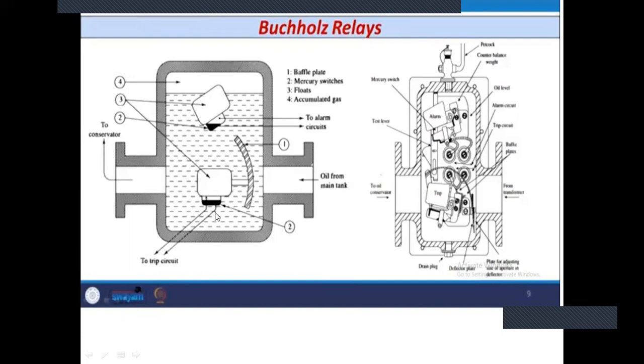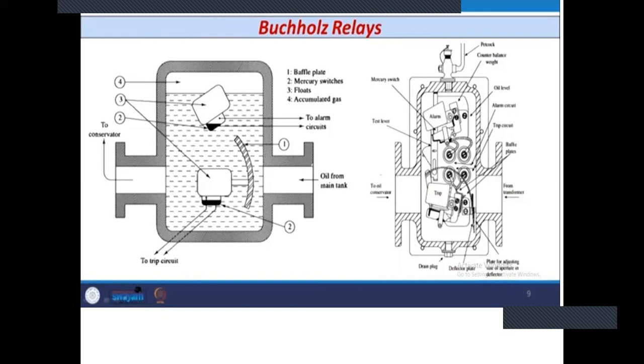Whenever the formation of gas or bubbles is large, the lower float comes into the picture, whereas when the formation of bubbles is very slow, the upper float comes into the picture.